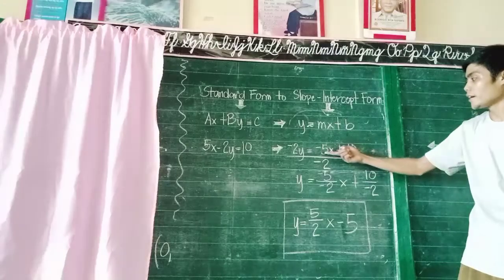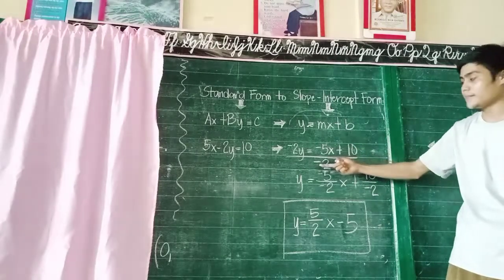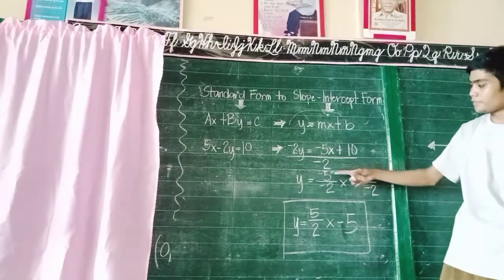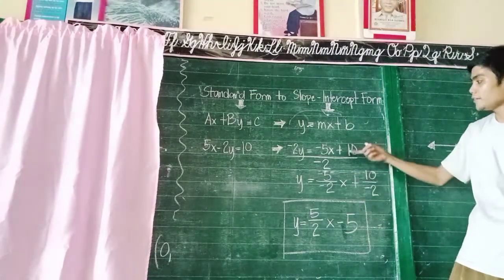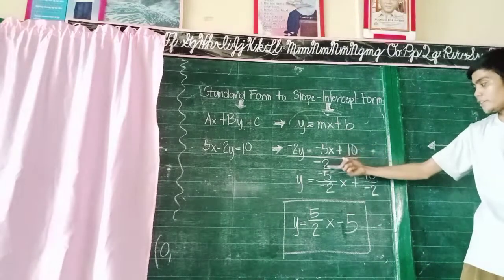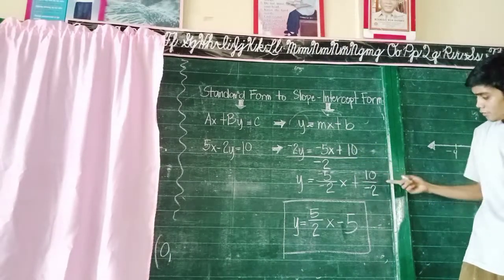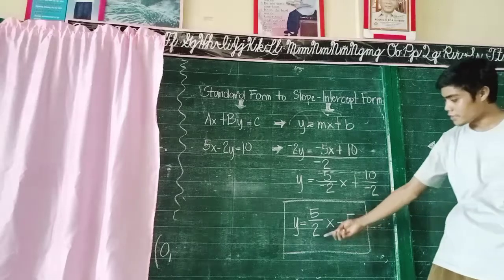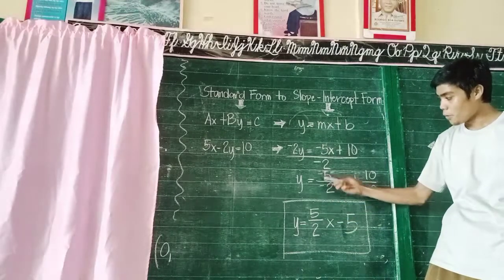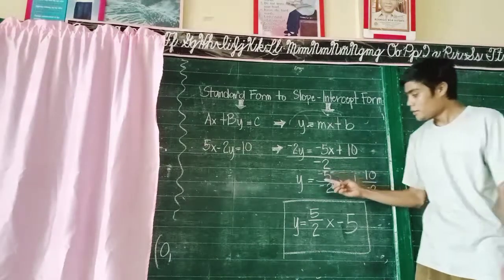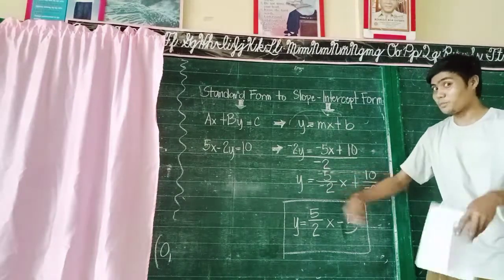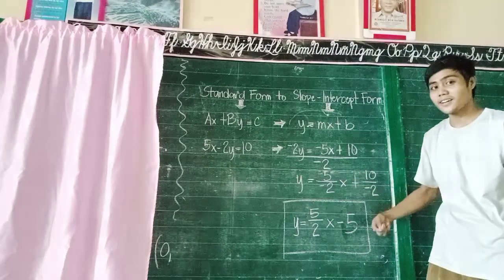And negative 5x divided by negative 2, so we have negative 5 over negative 2x. And 10 divided by negative 2 is 10 over negative 2. So both are negative, so it would become positive.